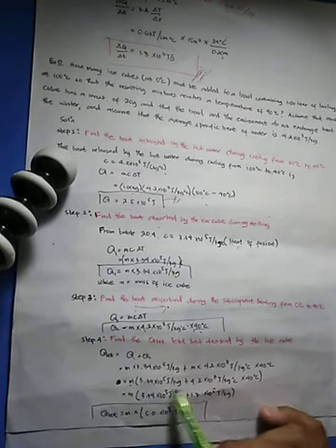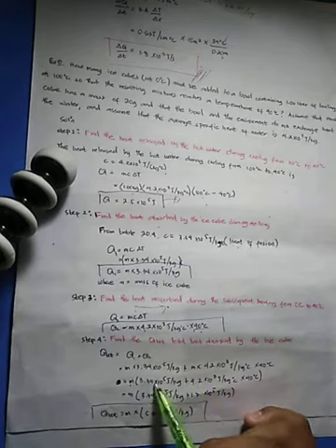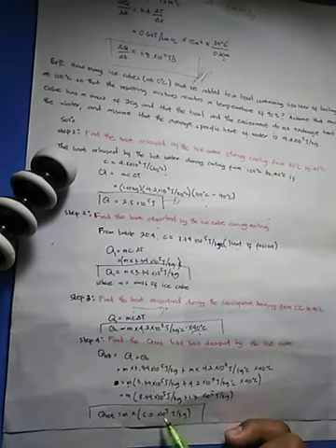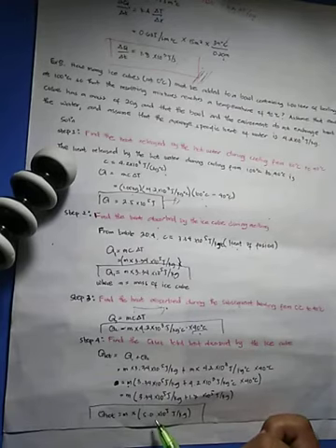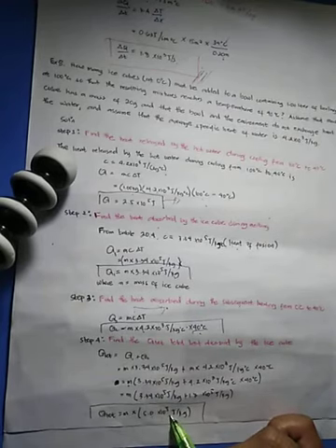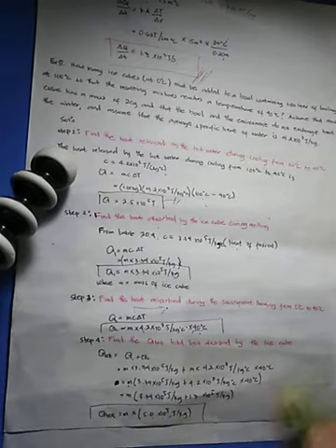So adding these ones, we have this final result of 5.0 times 10 to the power of 5 joules per kilogram.